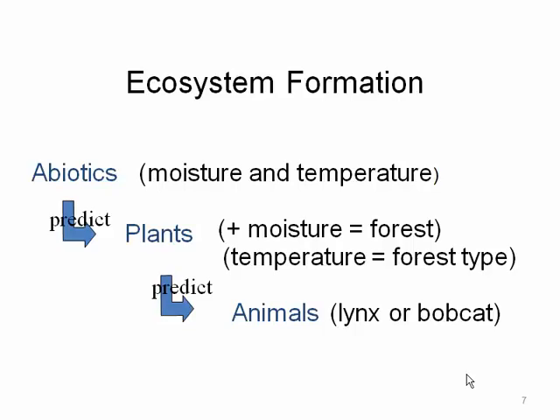Say, for example, among predators, you would have a lynx, maybe at a colder climate, or a bobcat in a more temperate situation. So the physical system really sets the basic controls on what sort of biological communities will occur in a given area, and ultimately what ecosystem will be established and persist.